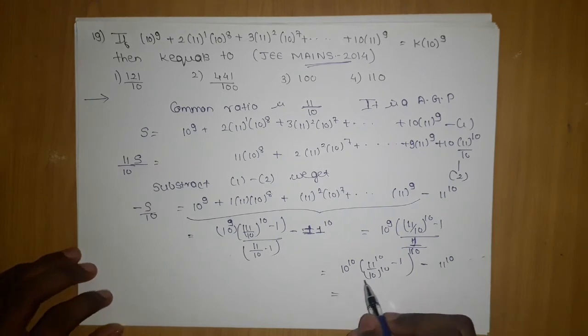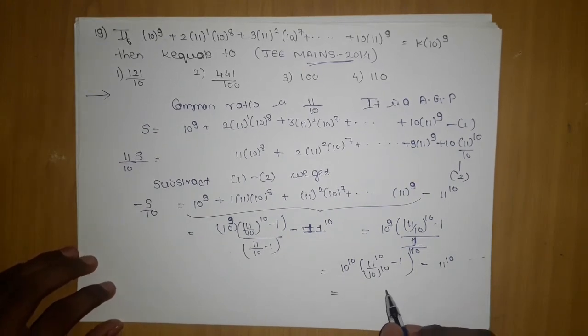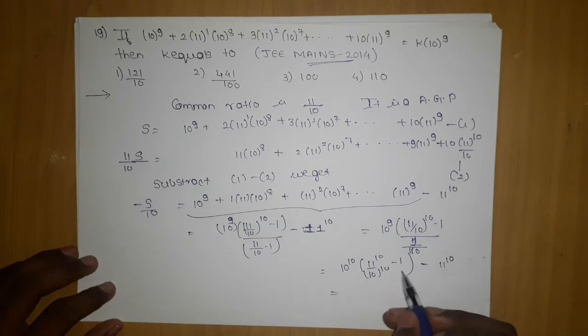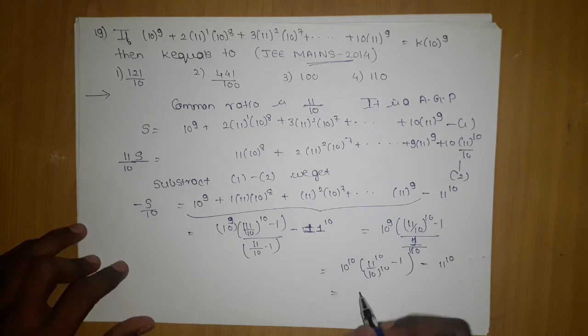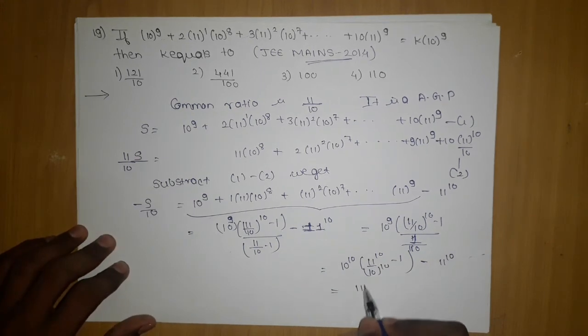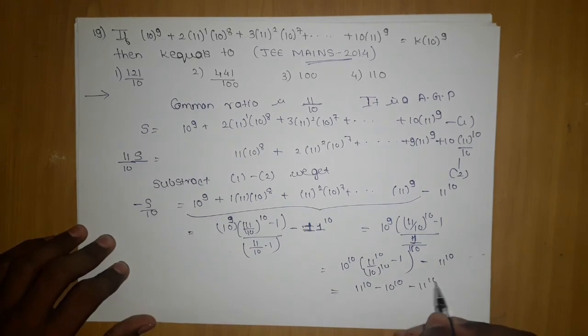So what we can see here is that this will multiply here and this will cancel out. Finally we are left with 11 by 10 minus 10 to the power 10, okay, minus 11 power 10.